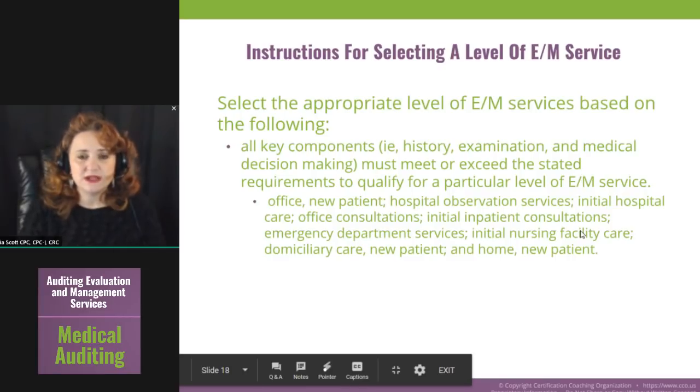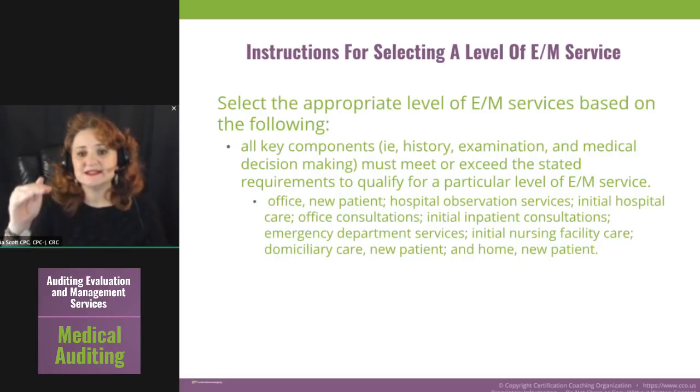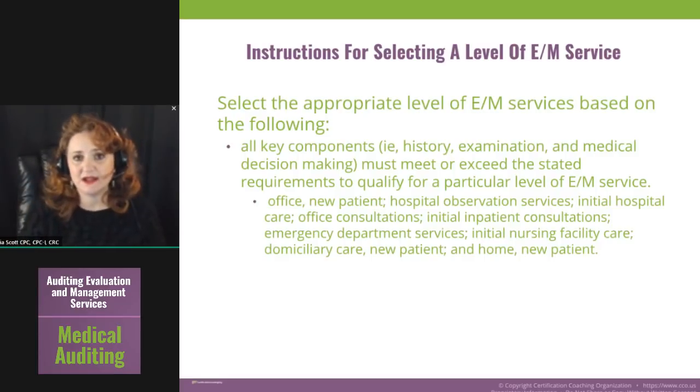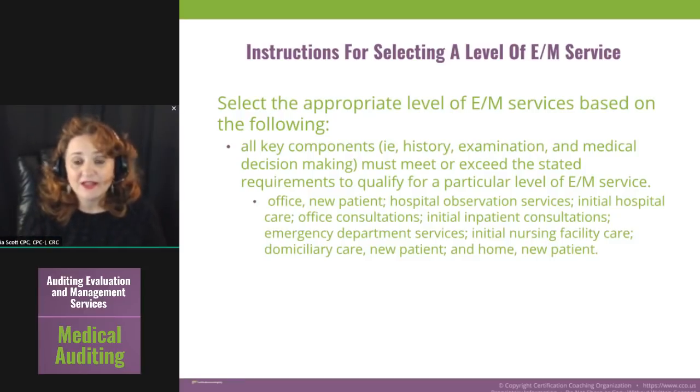So if we need to select the E&M services, we're going to look at all of the key components: the history, the exam, and the medical decision making. And the key with that is that we need to meet or exceed. And now you've probably heard that again and again, right? I'm going to assume that if you're doing an auditing course, you have already been a coder for a while.